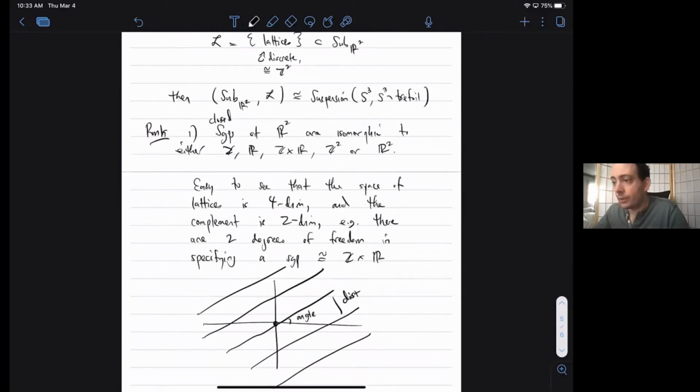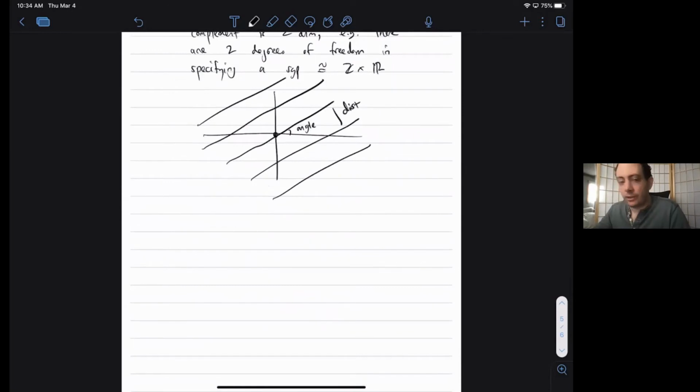And then I think it's also worth saying, you wonder where the trefoil comes in here.